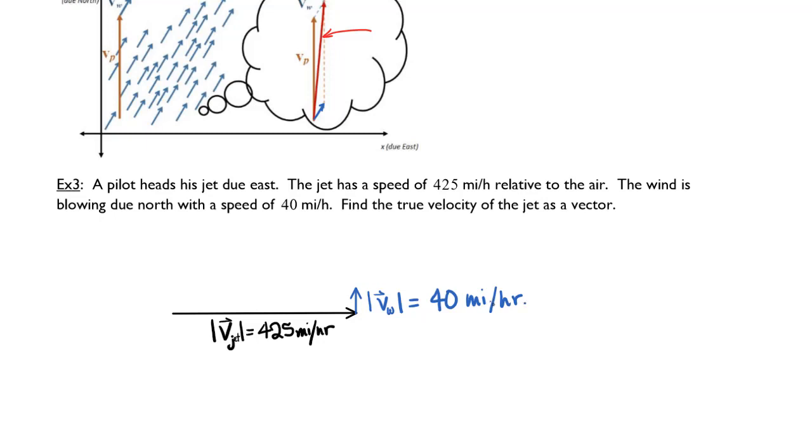If we want to try to find the true velocity of the jet as a vector, we need to figure out the sum of these two vectors, because the wind is affecting the plane's flight. Finding the sum of the vectors will be helpful, but then once we've found the sum, we need to find the magnitude, because what we're really looking for is the velocity of the jet as a vector.